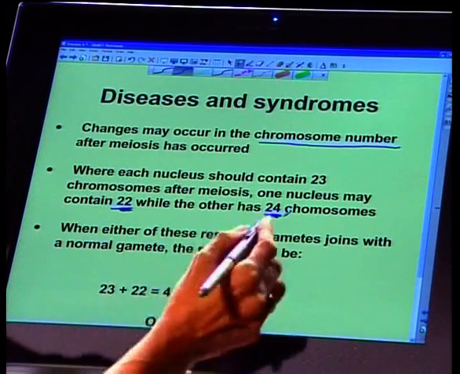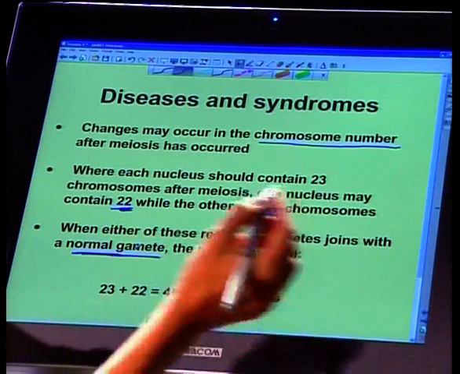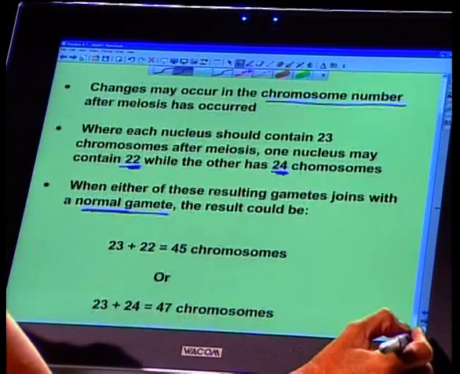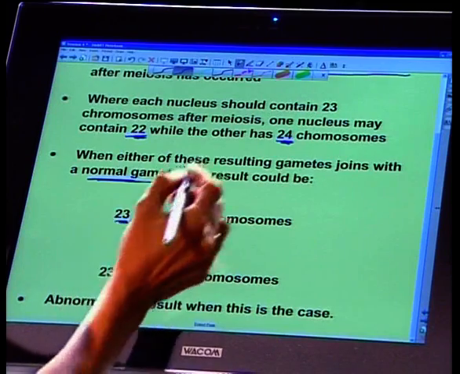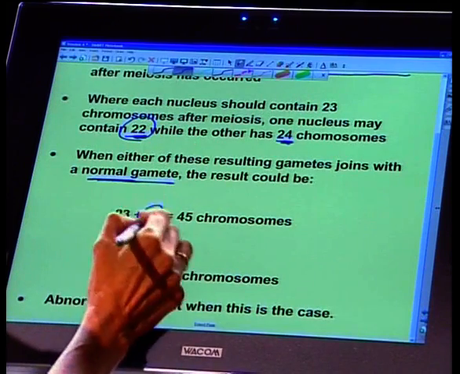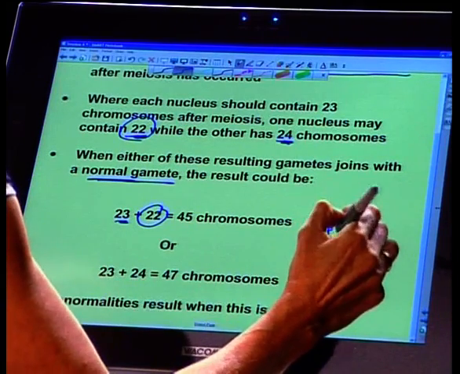So when either of these resulting gametes joins with a normal gamete, this is what happens. And this is just basic maths. You have 23 plus that 22 gives you 45, when it should be 46.